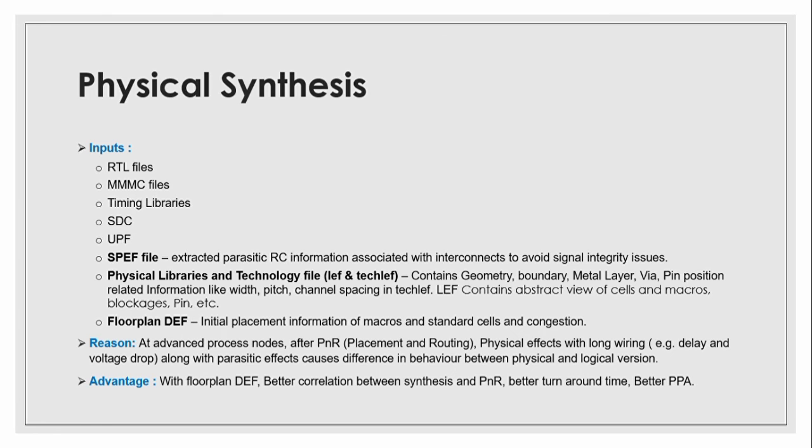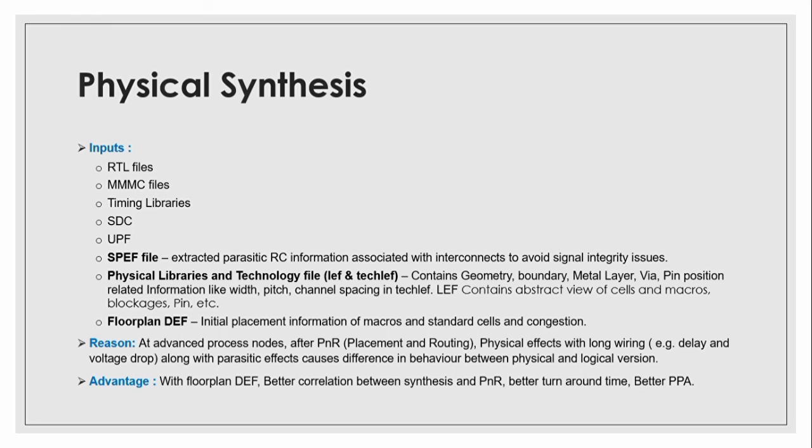The reason we go for physical synthesis is that at advanced nodes, after placement and routing, physical effects with long wires come in: more delays, more voltage drop because of the parasitic RC. This causes a difference between the physical and logical versions.